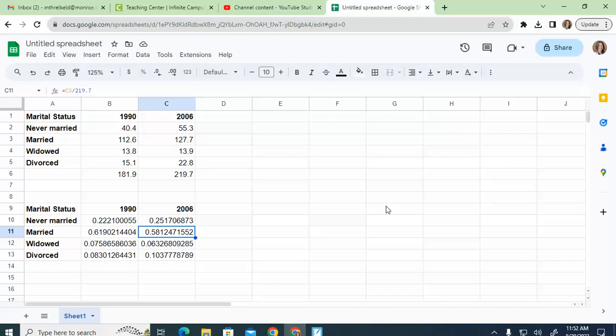The sum equals sum. You just have to take the word sum in front of that. B5?